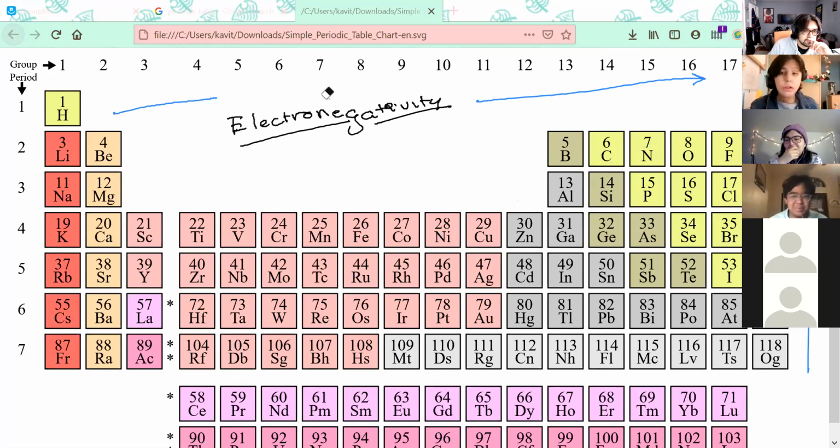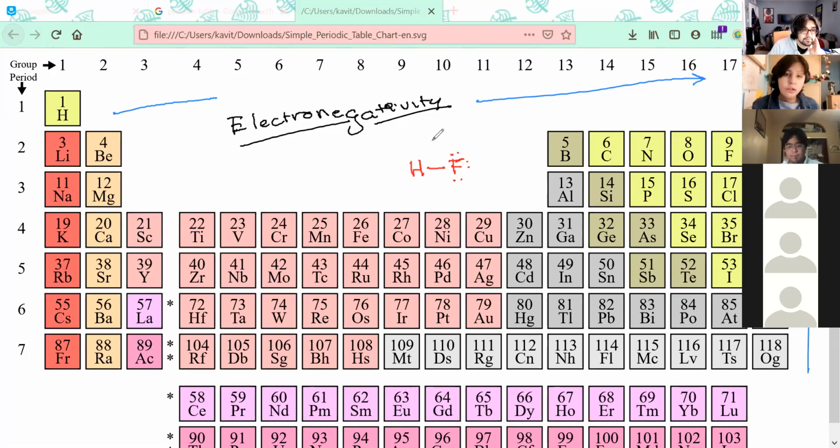So actually, let's make an example. Let's say, for example, HF. Which element is more electronegative, hydrogen or fluorine? Fluorine, right. So what's going to happen with fluorine if it's more electronegative than hydrogen?